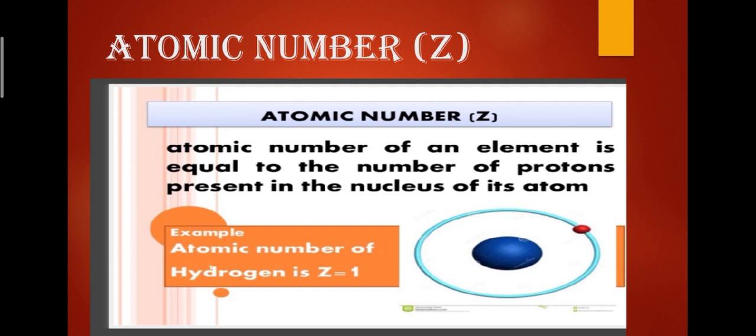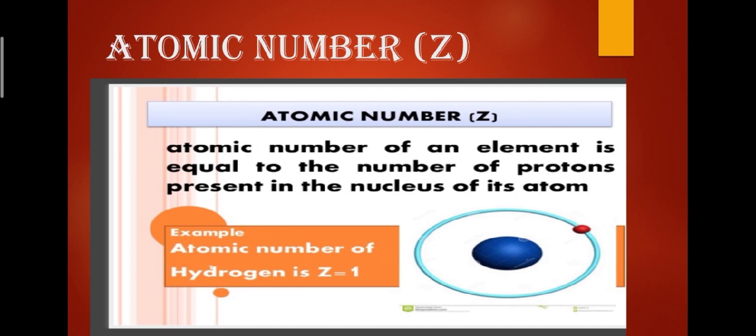Now, atomic number. Atomic number is defined as the number of protons present in the nucleus of an atom of an element, and it is denoted by a capital letter Z. Atomic number is equal to the number of protons.